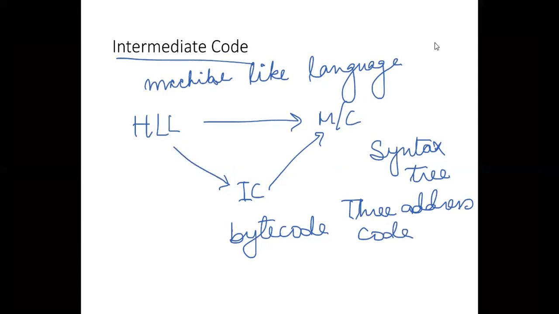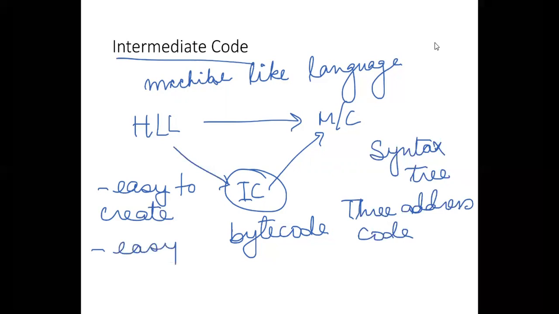Two important features are to be taken care of. One is that this intermediate code should be easy to create, and it should be easy to convert to machine code. You should be able to convert it to machine code easily.